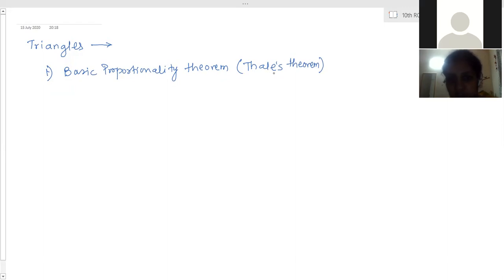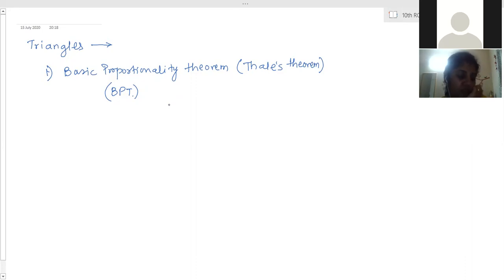Thales was a mathematician who discovered this theorem. So his name is also considered, Thales theorem, or basic proportionality theorem, BPT. Based on BPT, we have to go for similarity of triangles. So BPT is the first step of proving similarity.